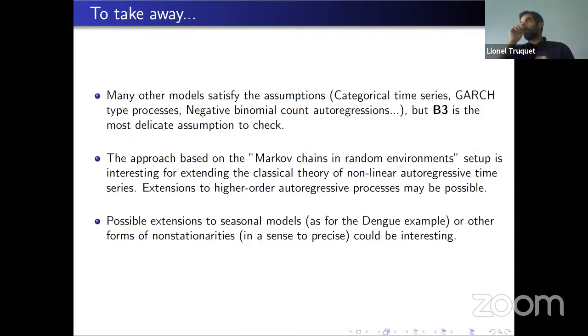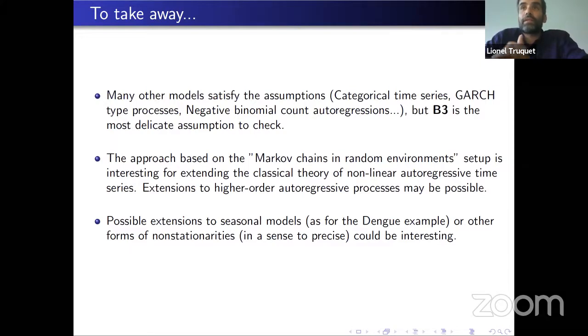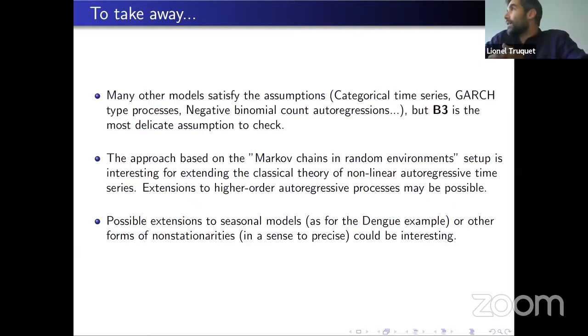And this is the general thing that I want to mention. So I presented two types of time series, Poisson autoregression and binary autoregression. But there exist some extensions, and you can recover some results. You can define some models with a very irregular structure on the latent variable.